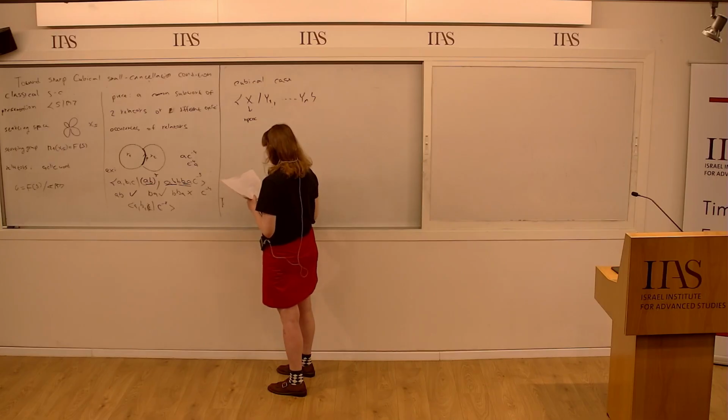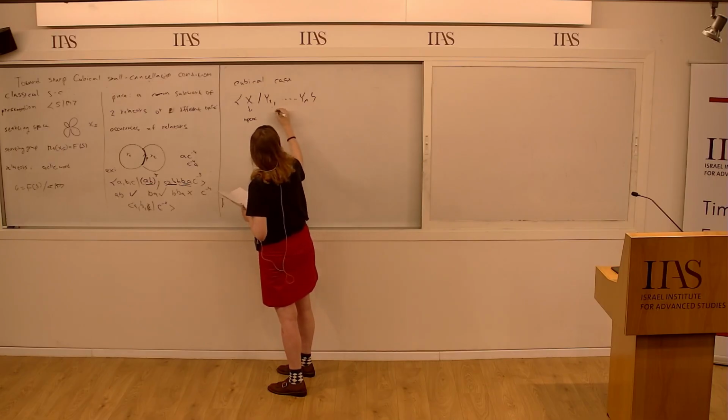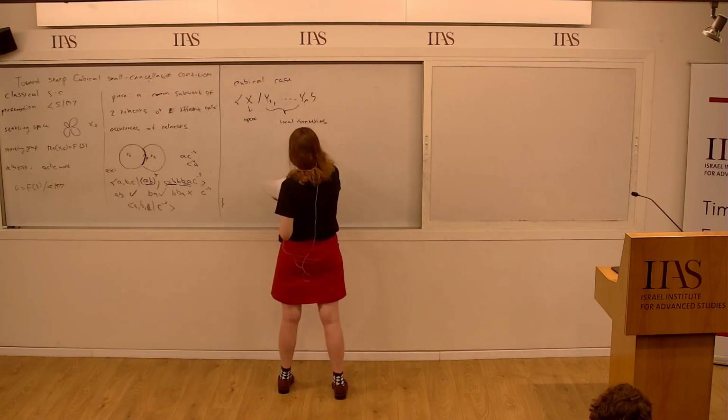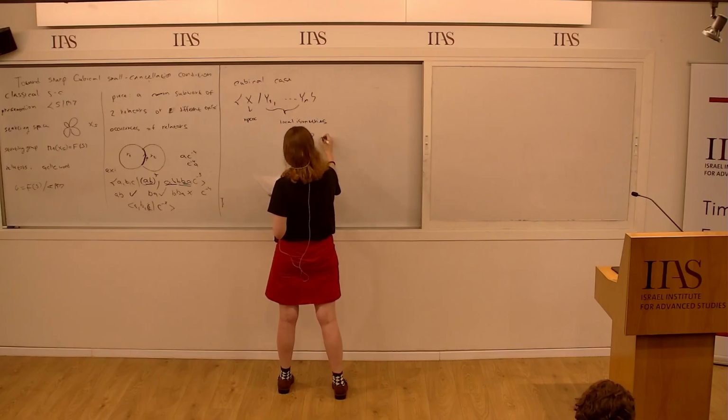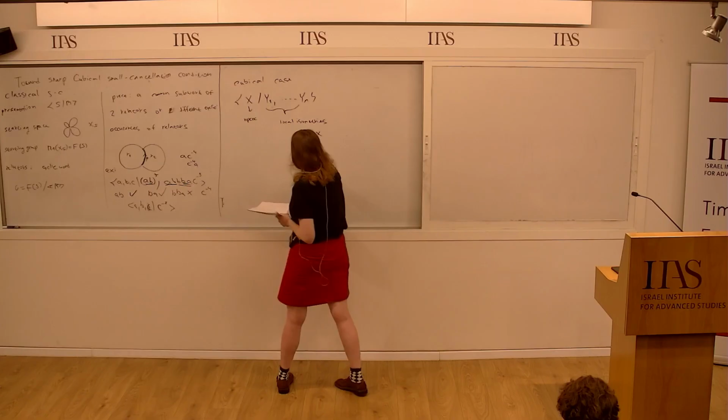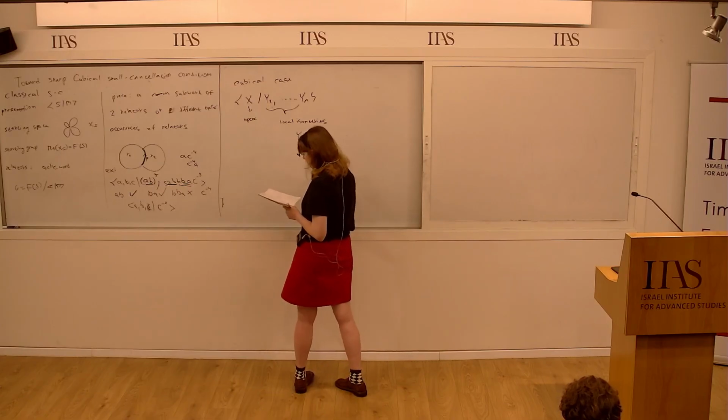Those are local isometries, all of them, from Yi into X, and each Yi is itself a non-positively curved cube complex.